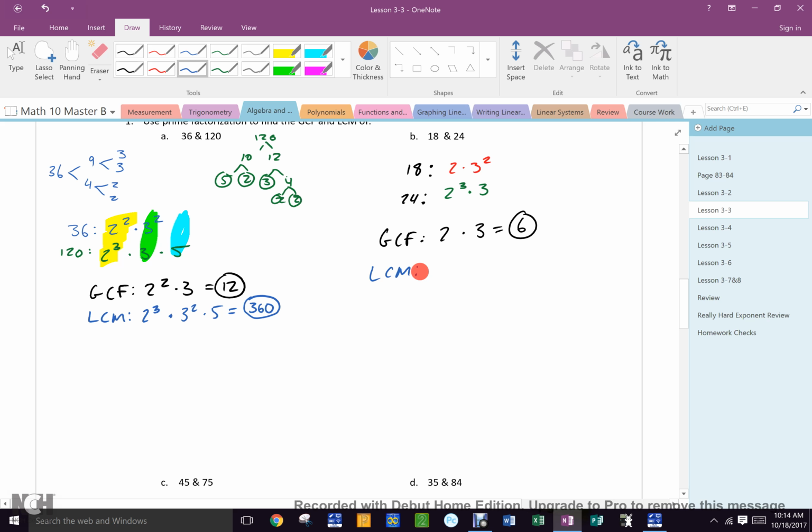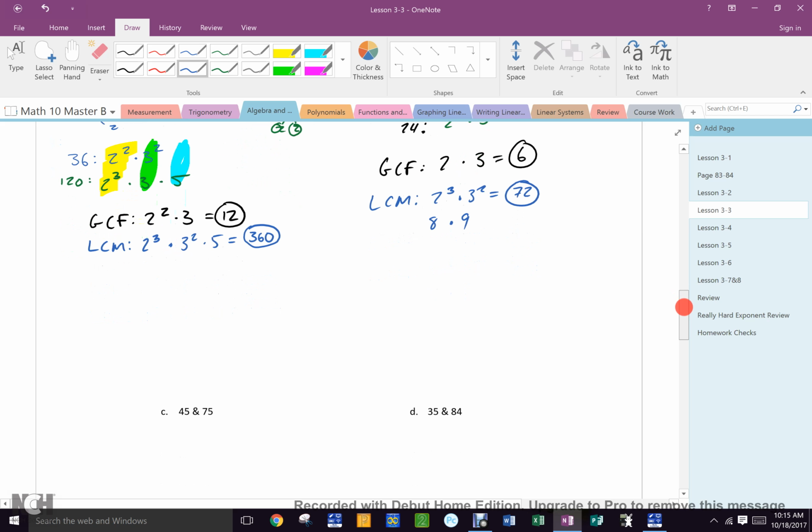How many 2's will cover all of my 2's? 2 cubed. How many 3's will cover all of my 3's? 3 squared. 2 cubed is what? 8. 3 squared is what? 9. What's 8 times 9? 72. Is everybody good?